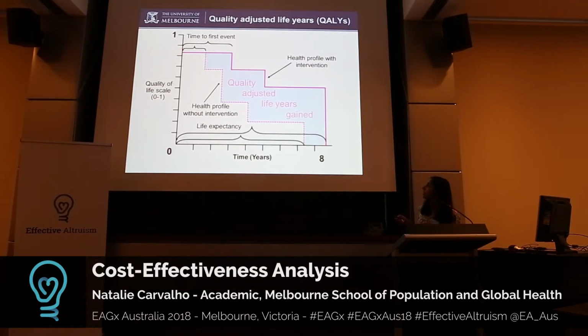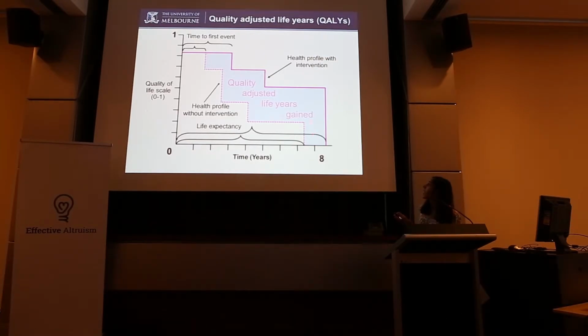And so if we're thinking about a health intervention, compared to our comparator here, where we'd experience a worse quality of life, we'd experience fewer life years lived, our QALYs gained would be that shaded area in between those two health profiles.